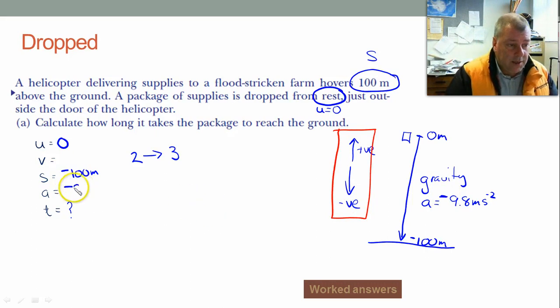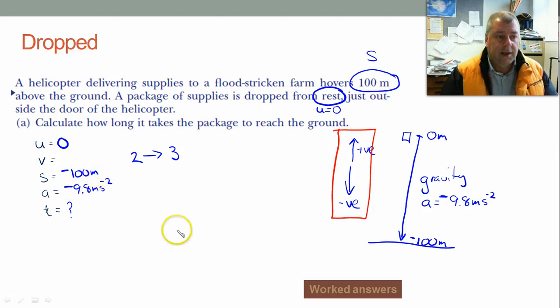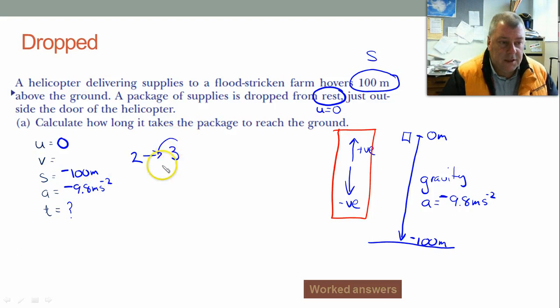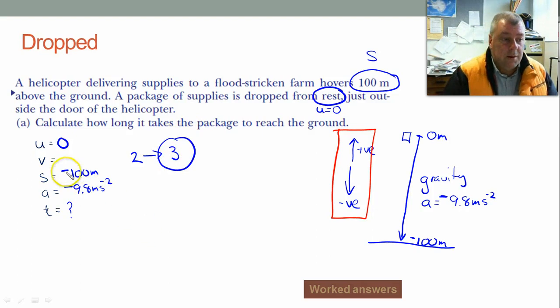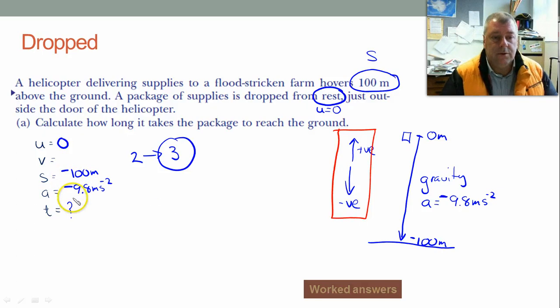So we write here minus 9.8 meters per second squared. Now that's the hidden thing in this question: once you tune into the fact that gravity's there, you get given it. So we now have our 3 things, and so now we can solve it using the equations of motion. But these negatives are quite important.